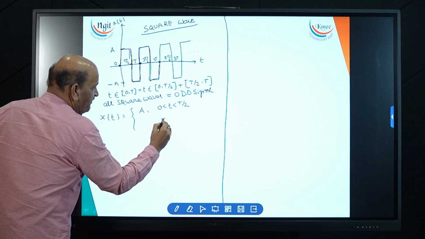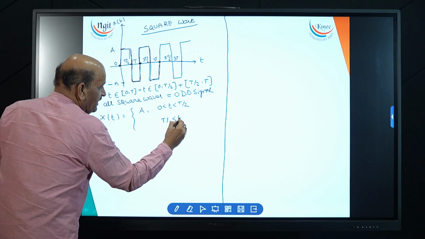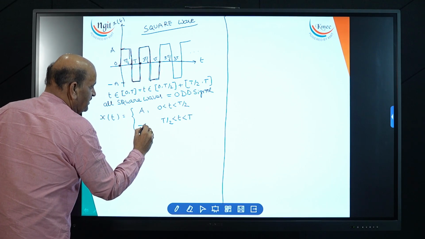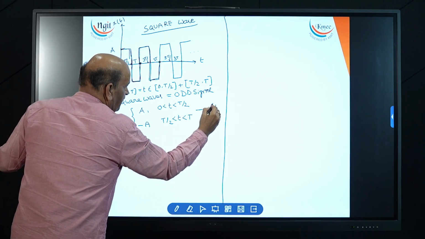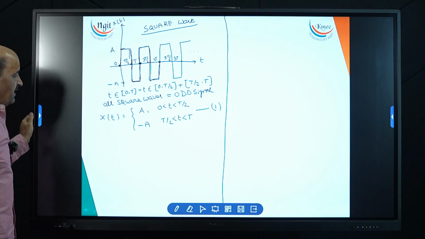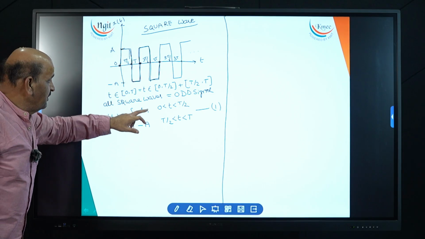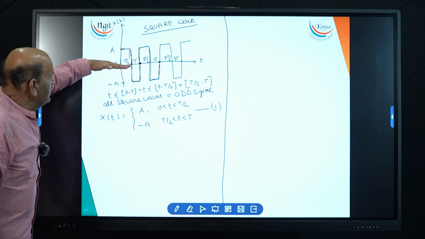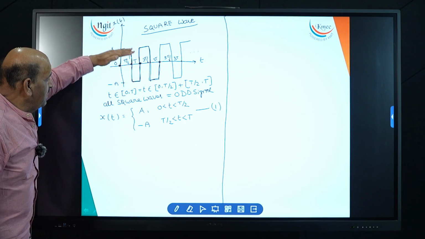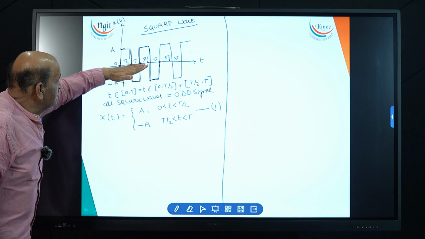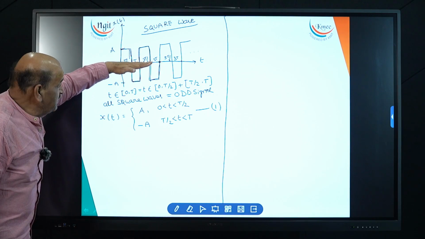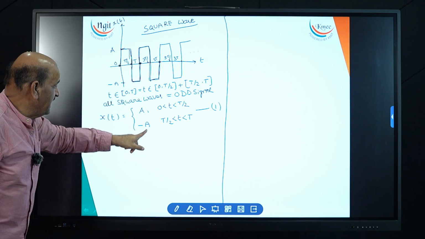Amplitude A. Between T by 2 to T, its value equal to how much? Minus A. This is the first modeling of the signal. Because from 0 to T by 2, its fluctuation is above the axis, that is A. From T by 2 to T, the fluctuation is below the axis, that is minus A.